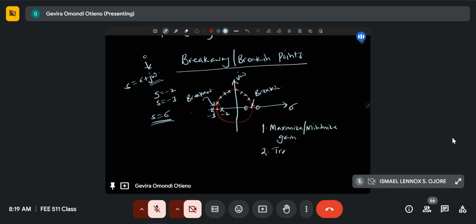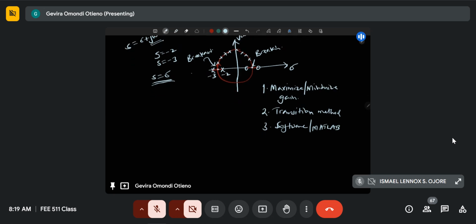The second method, which is my favorite, is the transition method. The third one is using software, for example MATLAB. Please read about these methods. I personally prefer the transition method, but you can use any method that you want.